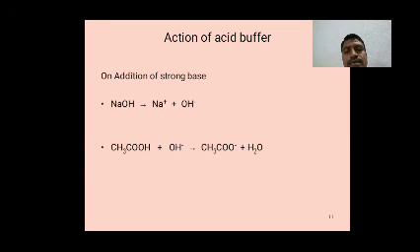CH3COOH plus OH minus gives CH3COO minus plus H2O. Then the pH stays constant.